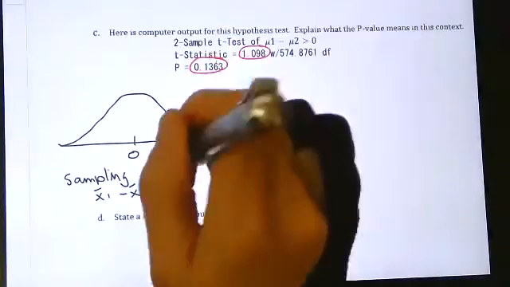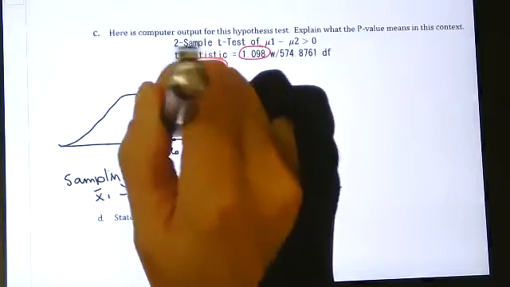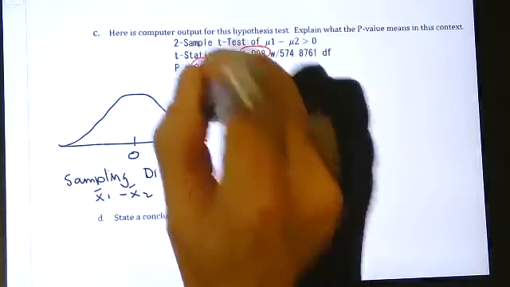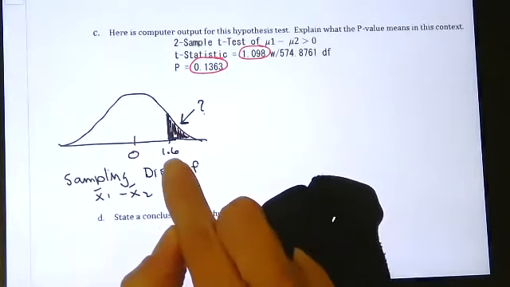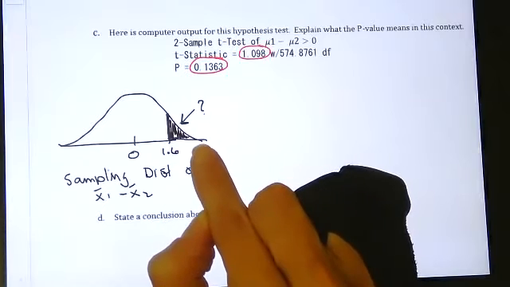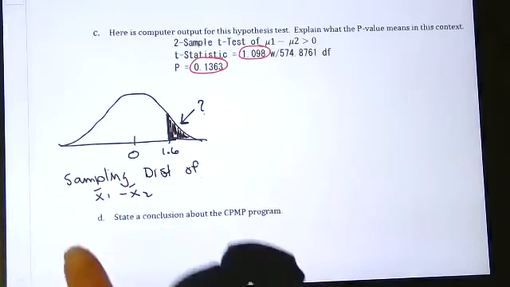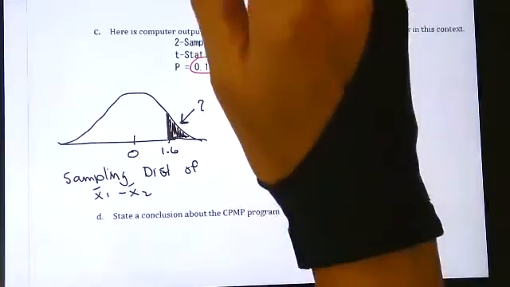So we had a difference of 1.6. The p-value, since it's a greater than test, is that area. So it's the probability of two samples showing a difference of 1.6 points in their mean scores or higher if the null, which is that there is no difference, is actually true. That's what the p-value is. It's a conditional probability.